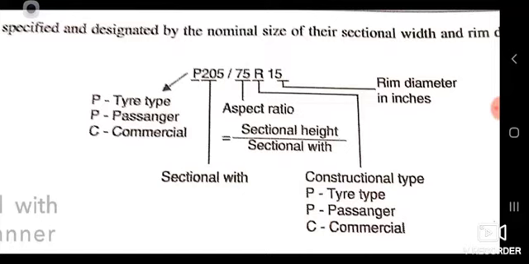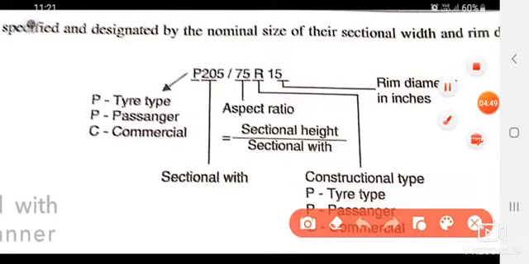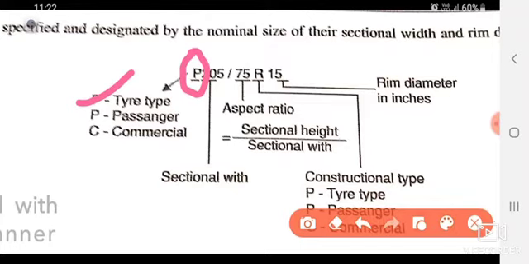The first alphabet P indicates the type of tire. Type of tire means what? This tire is going to be fitted for which type of vehicle, either a passenger vehicle or a commercial vehicle.